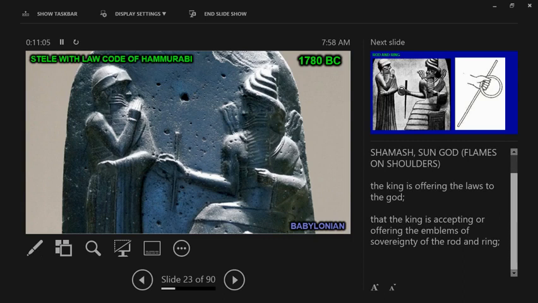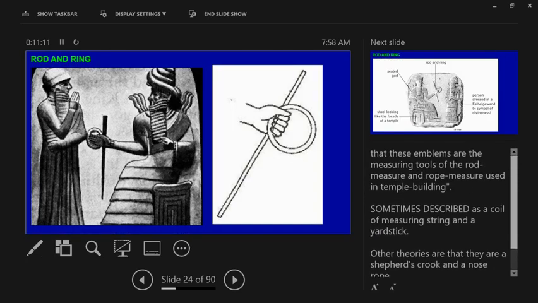Now the Shamash, or the god, is holding this object right here. It is called the rod and ring. These emblems are the measuring tools. The rod is a measure, like a yardstick.